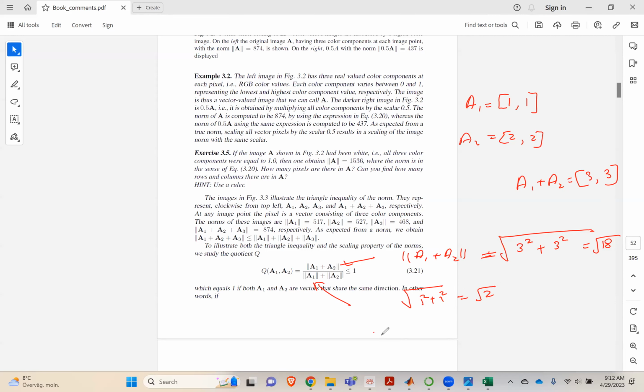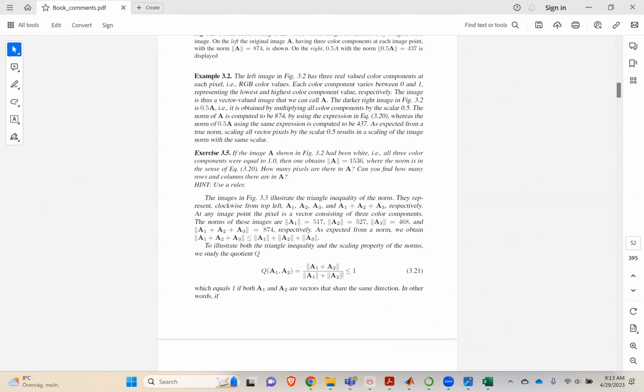And for A2, that is 2 squared plus 2 squared. So Q is equal to square root of 18 divided by square root of 2 plus square root of 8. This is how the calculation is done. If it is images, A1 is an image, so it just has many values. There is no difference. It's exactly the same calculation.